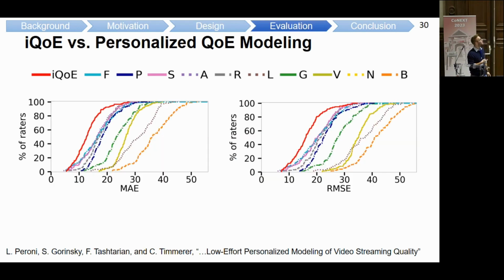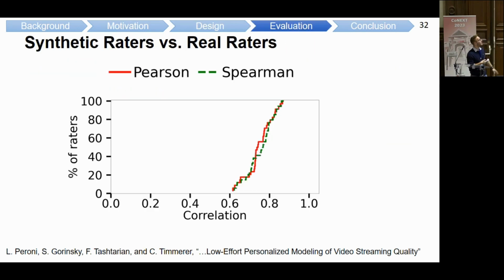Actually, here we are comparing the real raters against the synthetic raters in terms of correlations. And we see that actually they are quite similar, very much similar, if this is your question.